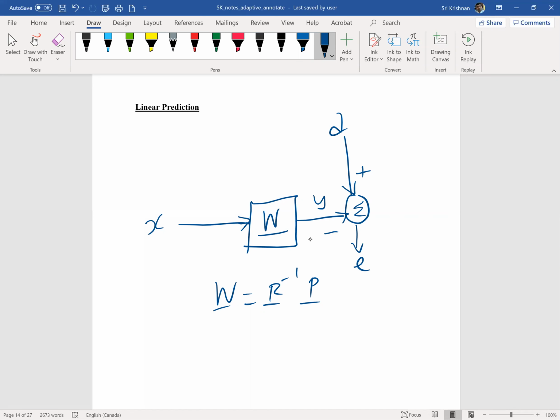So this is what we have seen before, and just by changing this input in suitable ways, we could achieve some very interesting adaptive filtering properties.